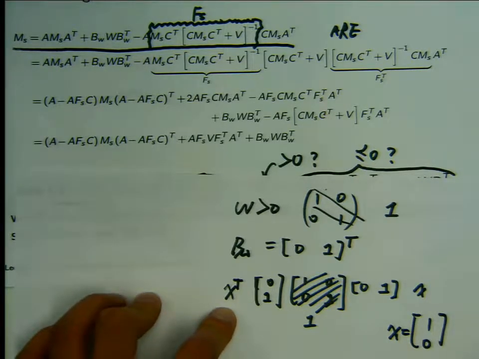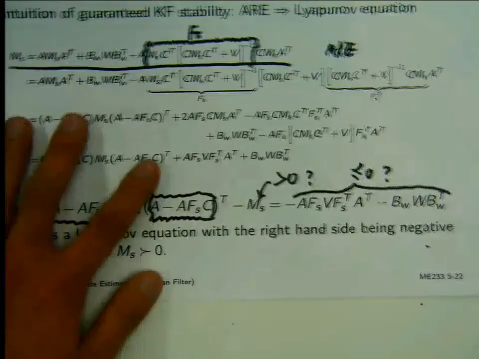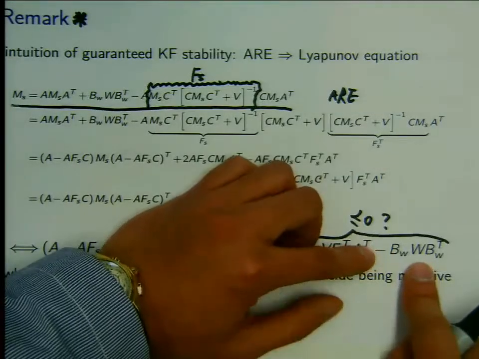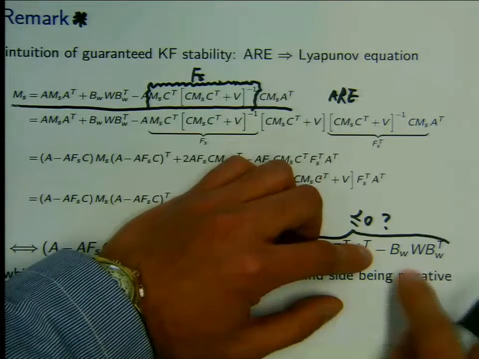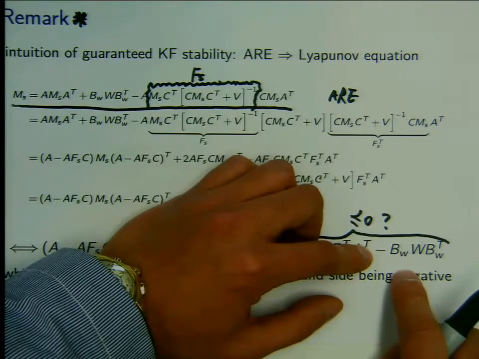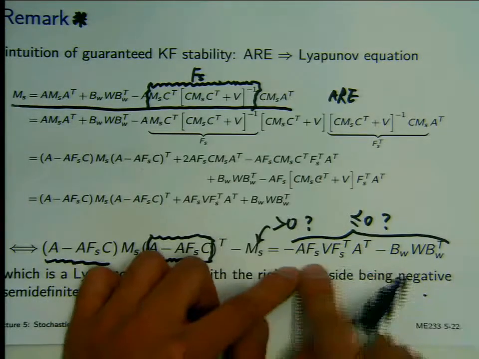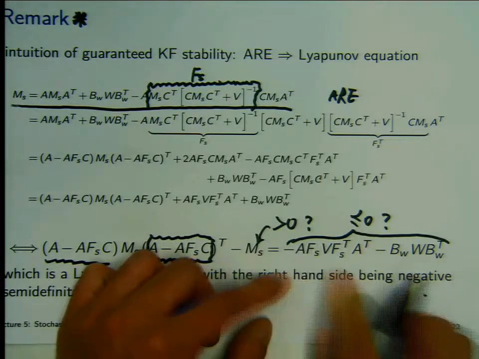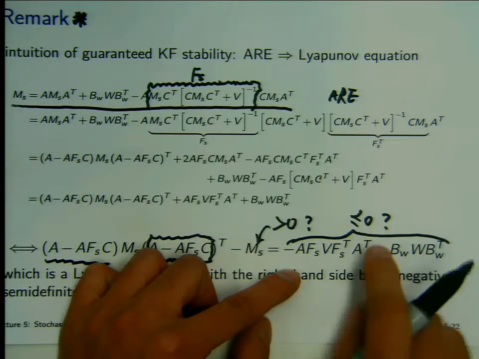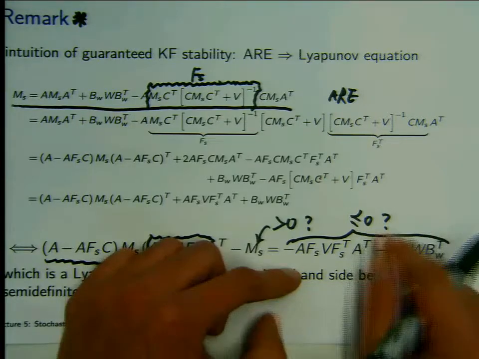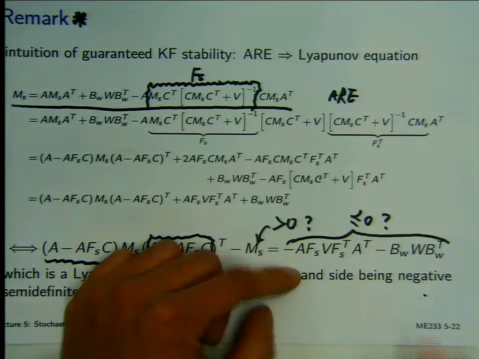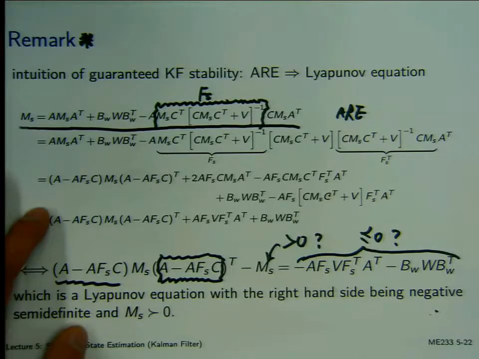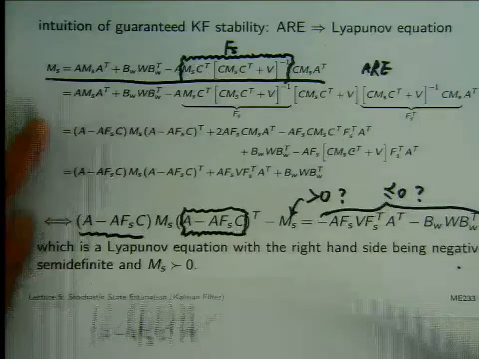You see, the result is 0. So as a general fact, even if W is positive definite, if you have these things on the left-hand side and right-hand side, it's going to mess up the positive definiteness. So the matrix on the right-hand side is not negative definite, but it's at least negative semi-definite. Anyway, that's a little bit of review of these results.